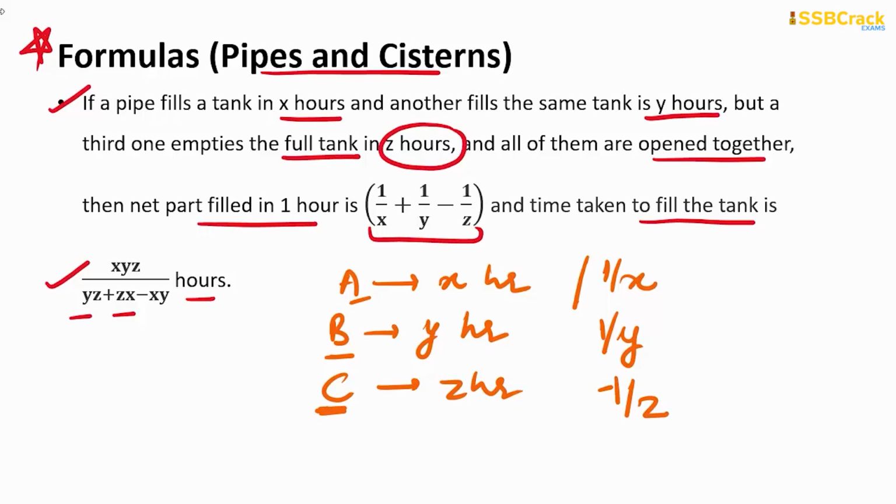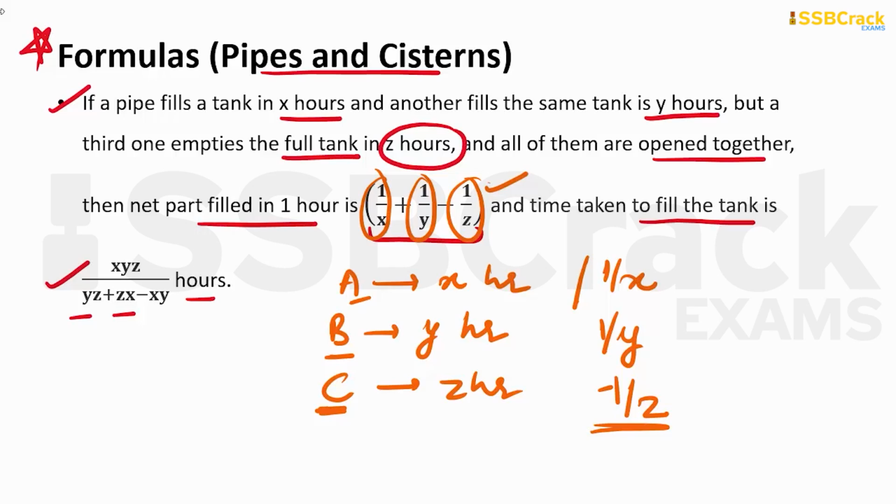So the part of the tank filled in 1 hour will be equal to 1 by x plus 1 by y minus 1 by z, right? Now to find the total time period taken by all the 3 pipes to fill the tank together will be equal to the reciprocal of the part that is filled in 1 hour. So it will be equal to xyz divided by yz plus zx minus xy, right?